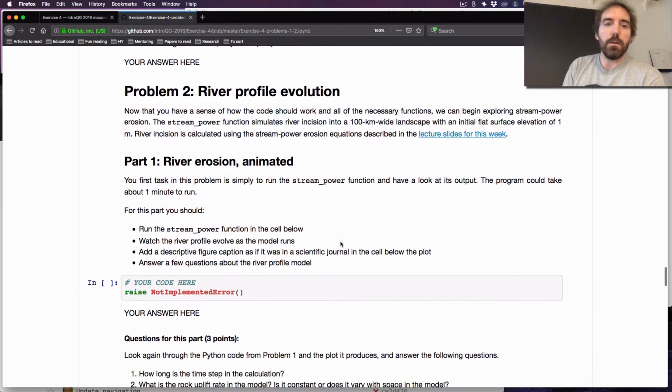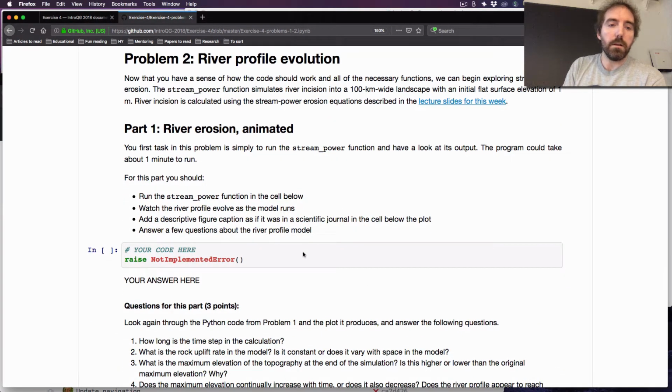Okay, so just spending another minute or two here. Problem 2 is where we start; the code all gets set up in problem 1, and problem 2 is where you start using it. In the first part, you just run the code that you've produced above, and it should produce an animation in the window or in the Jupyter Lab that you see when you run that code.